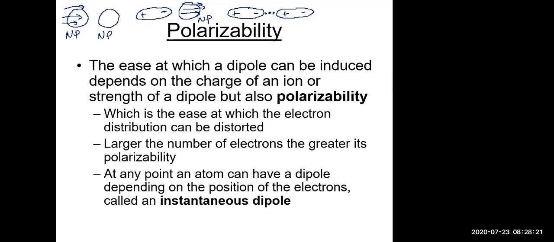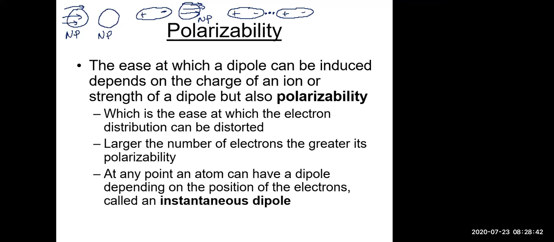And the ease with which those electrons can move around is what is known as polarizability. That's the ease with which electrons end up on one side of the molecule or the other. And that ease gets greater with molar mass.